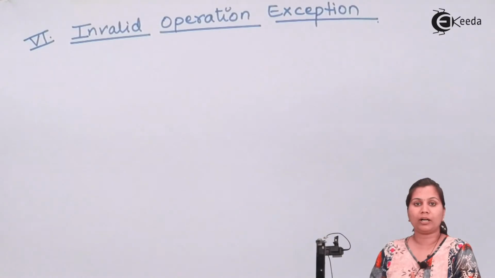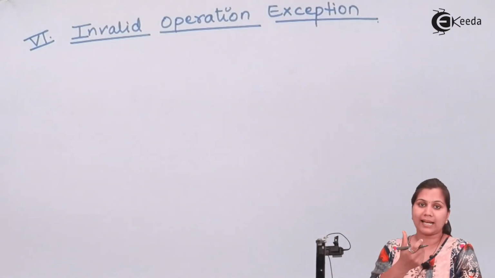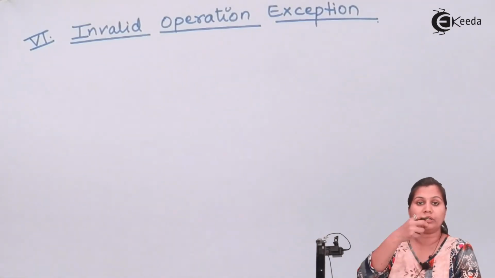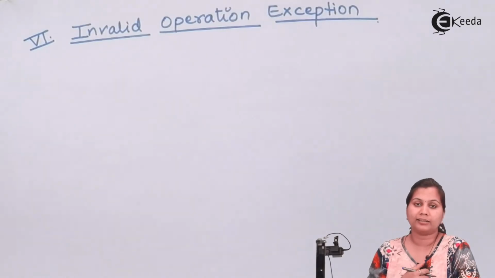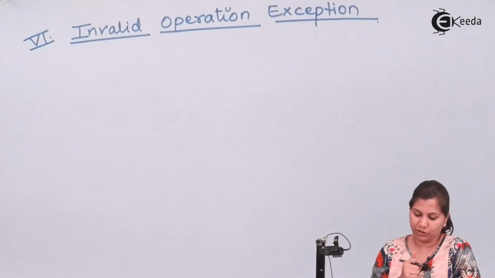If we want to find the square root of a negative number, then it is also an invalid operation. Suppose the stack is empty and we want to retrieve data from the stack; the stack is empty, how can we retrieve the data? So that is also an invalid operation.